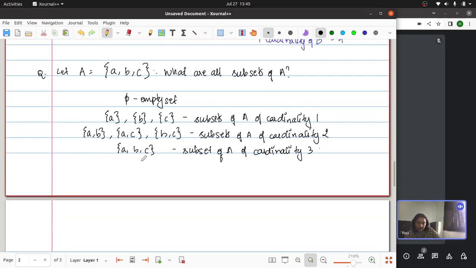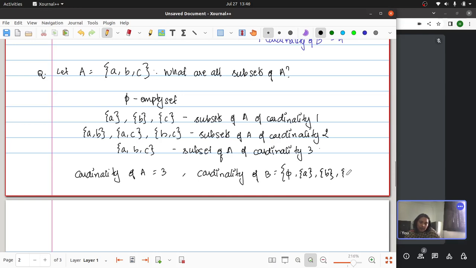The cardinality of A is 3 and B is the set of all subsets of A. So the cardinality of B is 8, right?